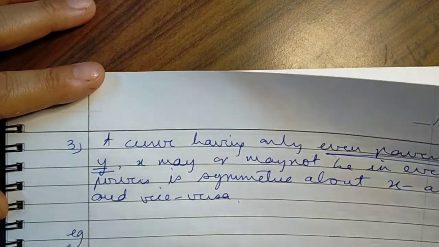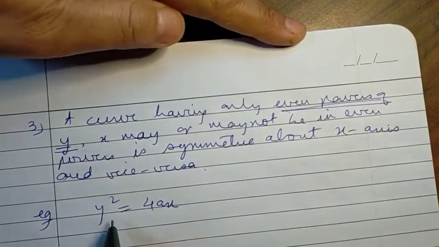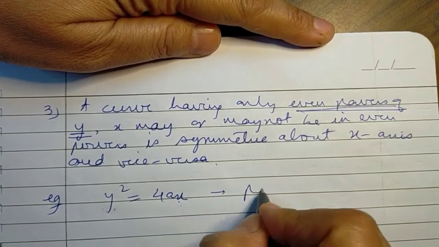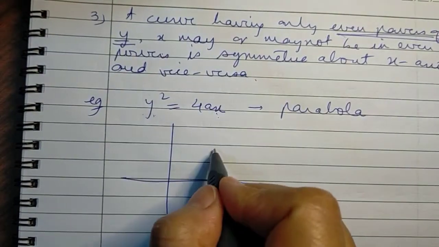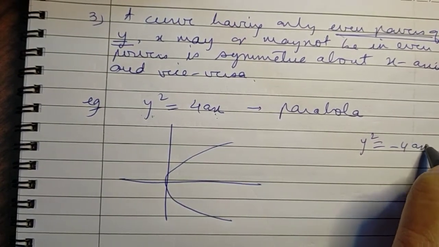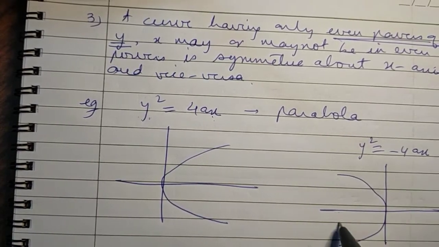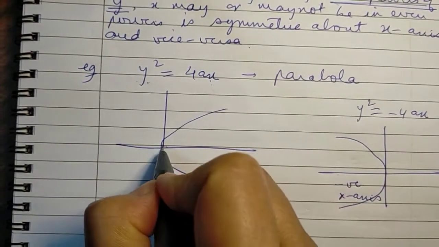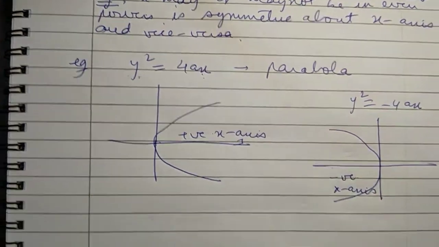For example, y squared equal to 4ax has y only in even powers and x in odd. It's an equation of a parabola which is symmetric about the x-axis. If you have y squared equal to minus 4ax, this is also a parabola but symmetric about the negative x-axis, while the earlier one is symmetric about the positive x-axis. All this we did last year.